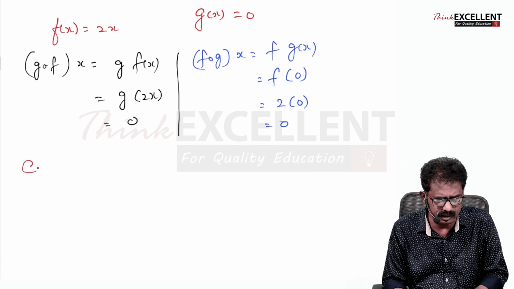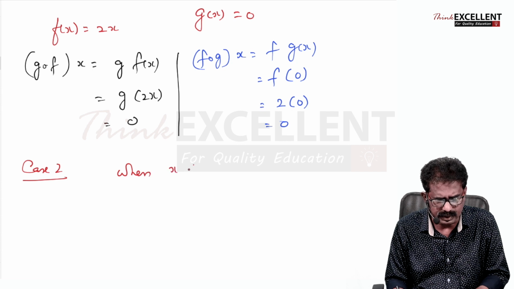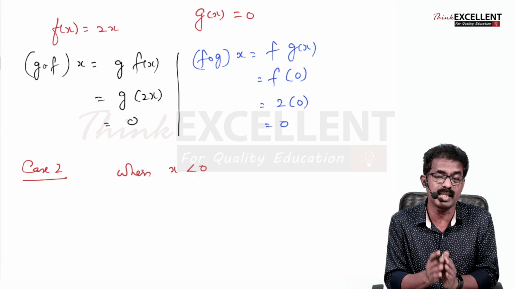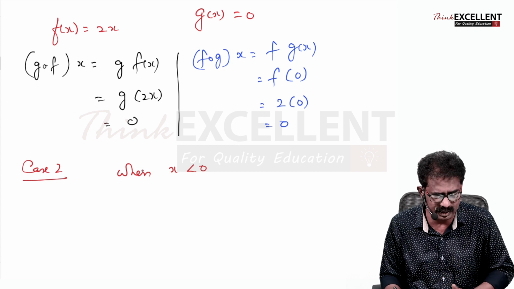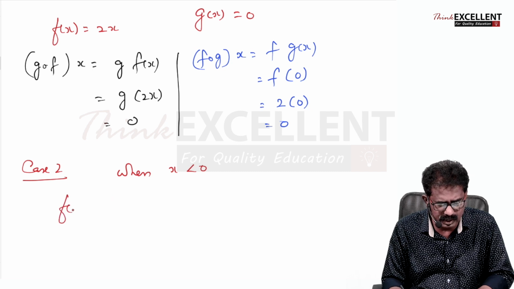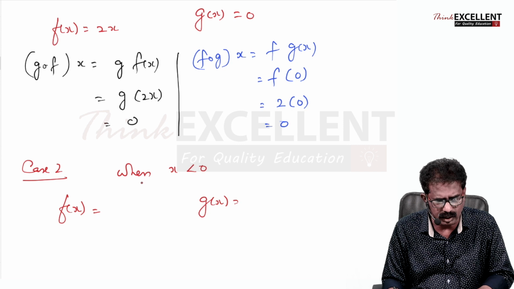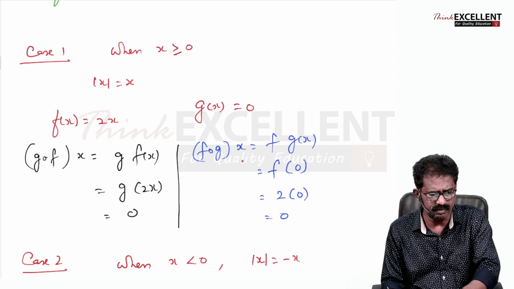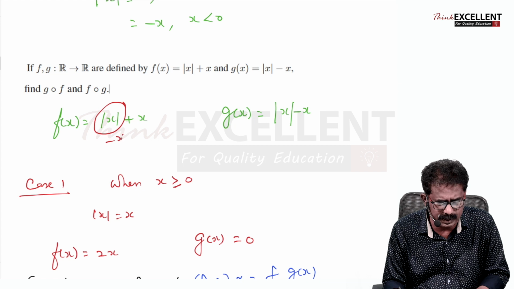Now the second case, when x is less than 0. Why are we taking two cases? Because modulus x has two values. So in each case you have different f of x and different g of x. So let us see what is f of x and what is g of x. When x is less than 0, modulus x is minus x, right? So what is f of x? Modulus x is minus x, so minus x plus x.